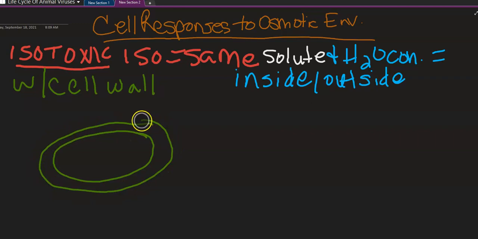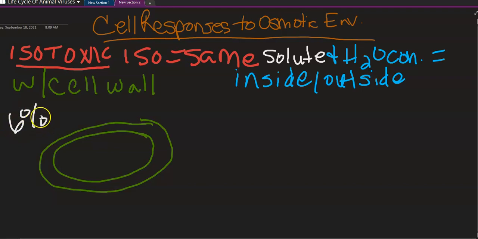And then this is our cell wall, okay? So a solute is going to be a dissolved substance. So when you hear the word solute, you want to think something like salt, okay? It does not necessarily always mean salt, but it's those ions, those electrolytes, right? It's a dissolved substance.